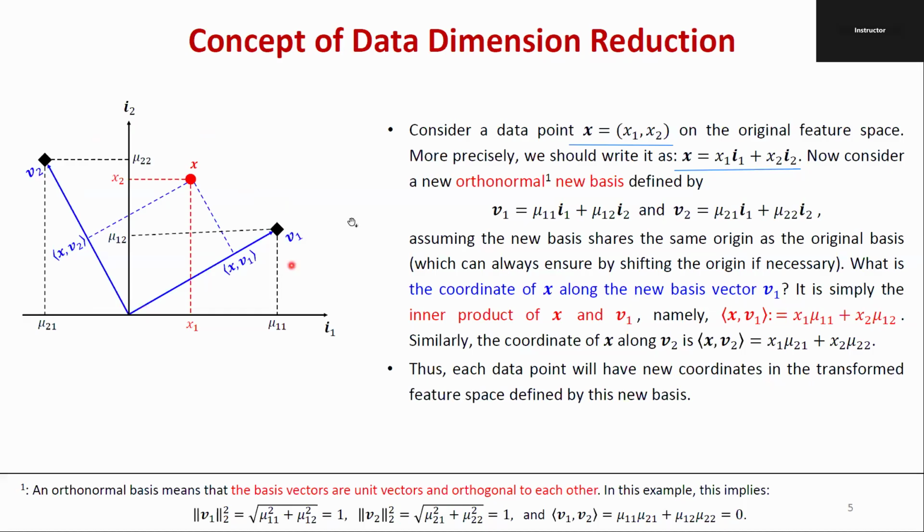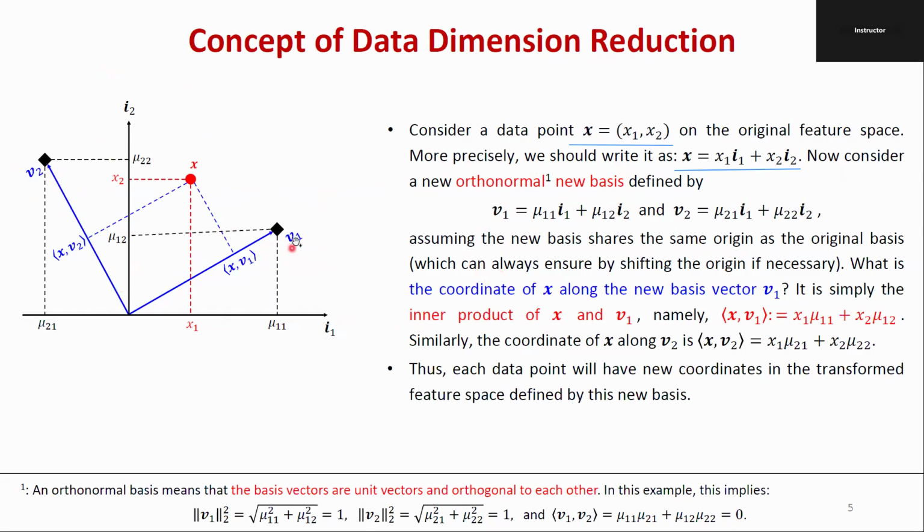Okay, let's have a look at the 2D case. Suppose these two, which I wrote in blue, v1, v2, are my new orthonormal basis. First of all, I can express v1, v2 in my old basis, the I1, I2 basis.